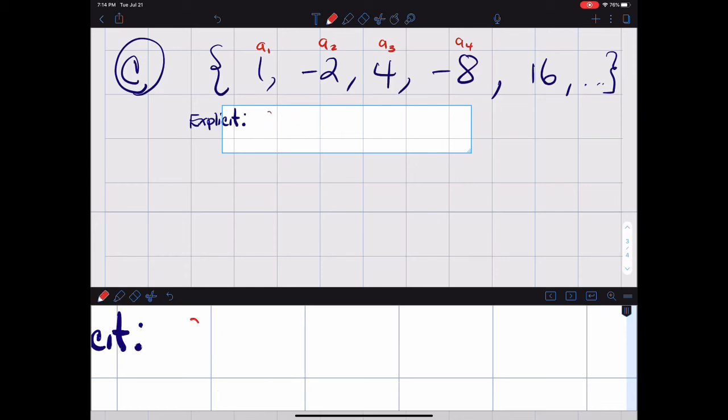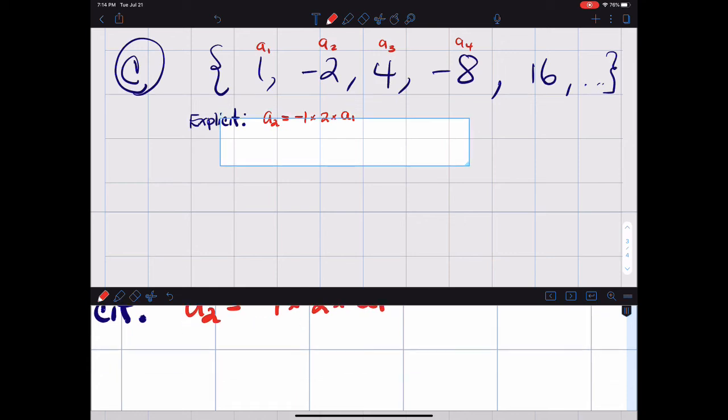All right, start with A2. A2 is -1 times 2 times A1. Because A1 is 1, this just gives you -2. But now check this out.